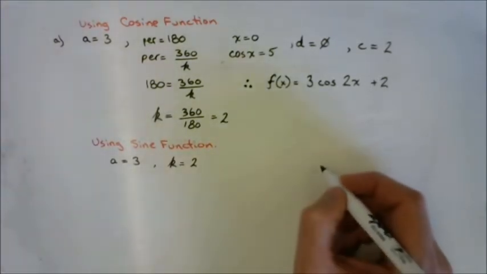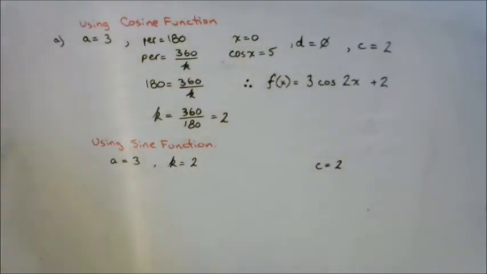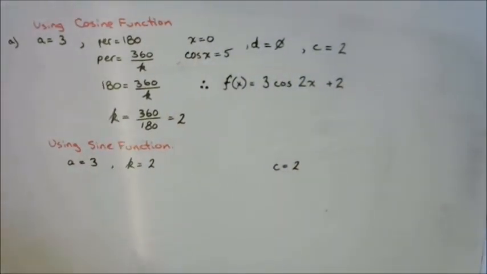And c is also going to be 2 again. But now we need a bit of thinking to figure out what the value of d is going to be. Okay? So we need to apply the appropriate phase shift to bring the maximum to 0, 5.